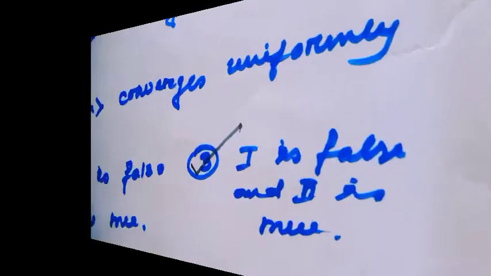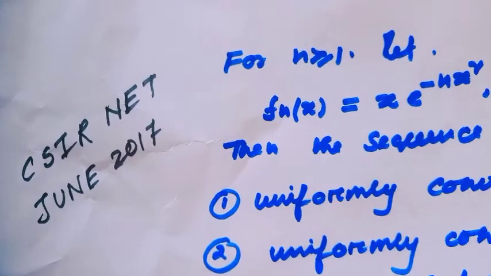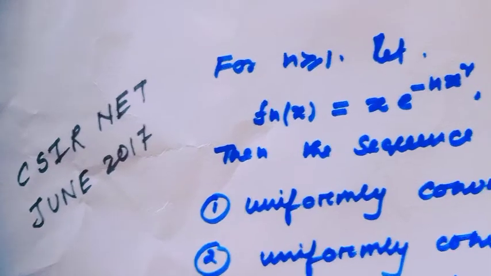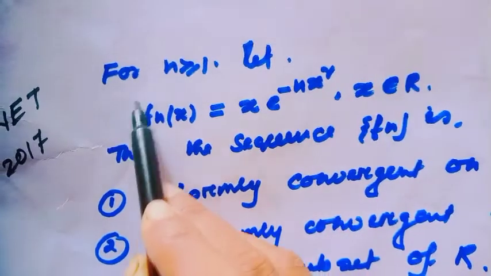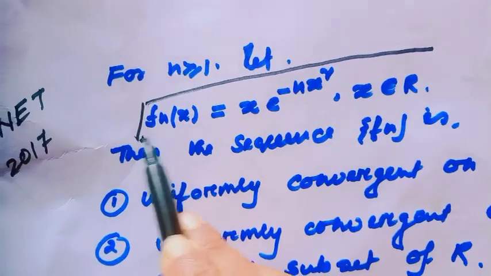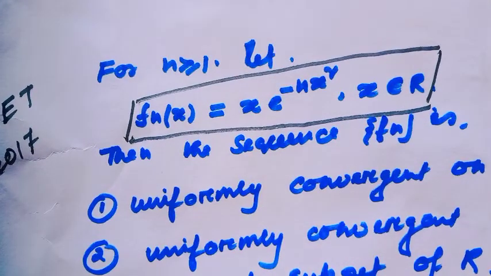Okay? Now I will discuss another interesting example of such type which had come in the CSIR NET June 2017 exam. The question is, for all n greater than or equal to 1, let f_n(x) equal to x e to the power minus (nx) whole square, where x belongs to the real numbers.